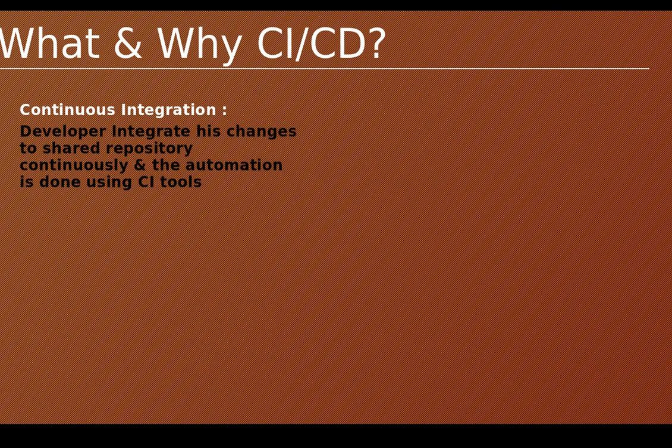For that purpose, we have continuous integration tools which take responsibility for doing all these things: when the code is committed by the developer, what things have to happen, what things have to be automated, and finally how things can be promoted to the next phase and added into the main repository. All these things are taken care of by the available continuous integration tools, and Jenkins provides a very good platform for doing those things.